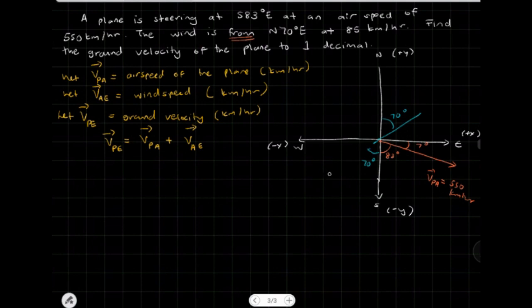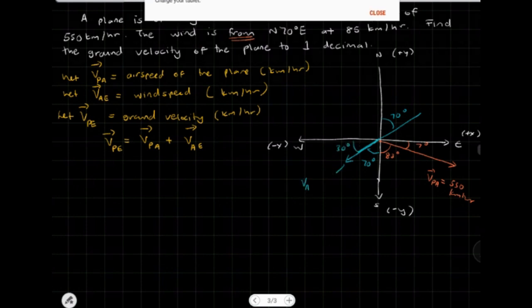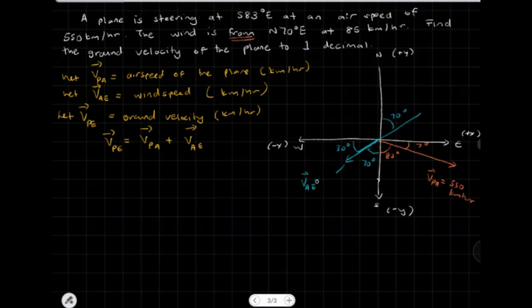I'm going to shorten the vector a little bit. So the wind here is going south 70 degrees west. In this case, this angle here should be 30 degrees, and this is the velocity of the air relative to the earth, or the wind speed, and this is 85 kilometers an hour.